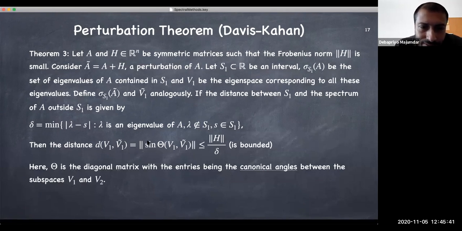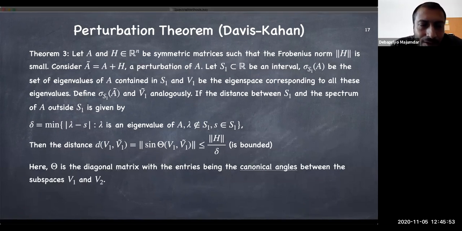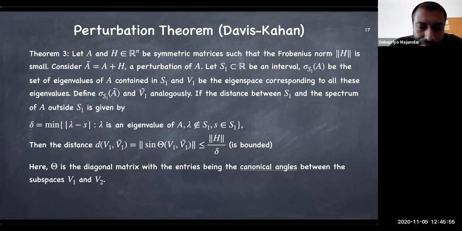And then you can construct a matrix where the diagonal entries are the angles, actually the cos theta, and then the norm of the sine of this matrix is one way of defining distance or distortion of subspaces. So subspace to subspace, how do you define a distance, right? They're not point to point or something. So this is one of the ways people do it.